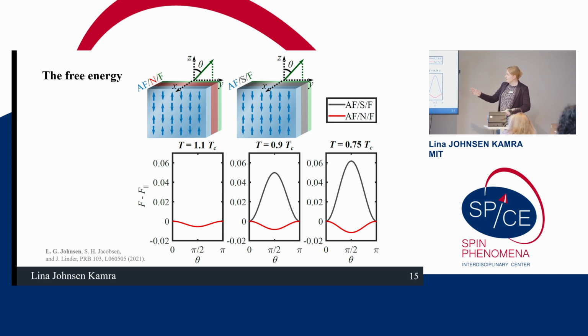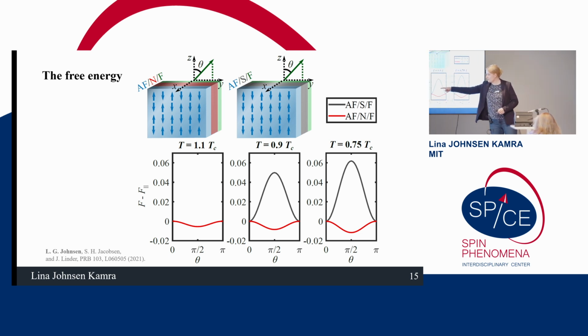As we reduce the temperature below the critical temperature, we see that the free energy changes. So it now goes from having the minima at perpendicular alignment to having the minima at the parallel alignments.